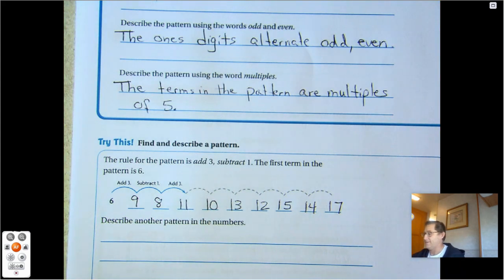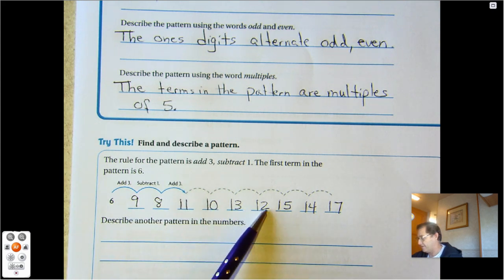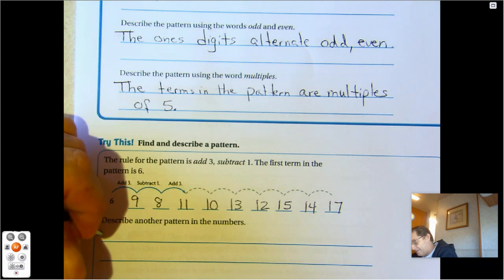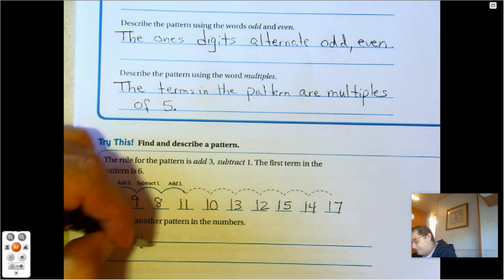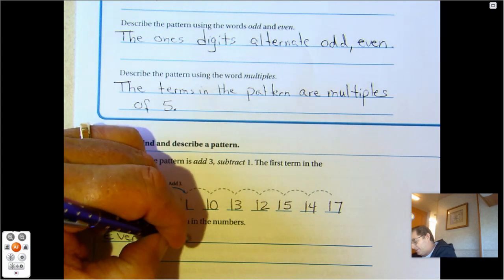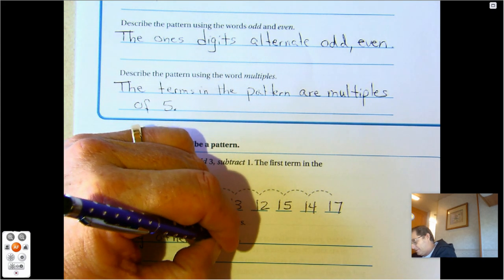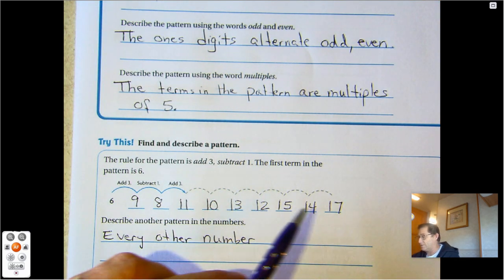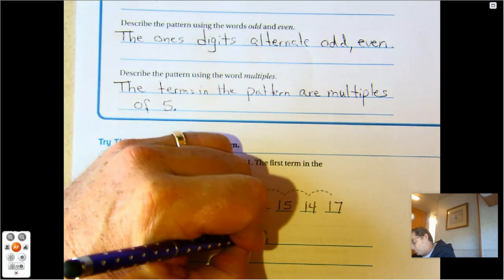Describe another pattern in the pattern. Well, let's see. Even, odd, even, odd, even, odd, even, odd, even, odd. Okay. We could also say, let's see, every other number, 6, 8, 10, 12, 14, is the next multiple of 2.